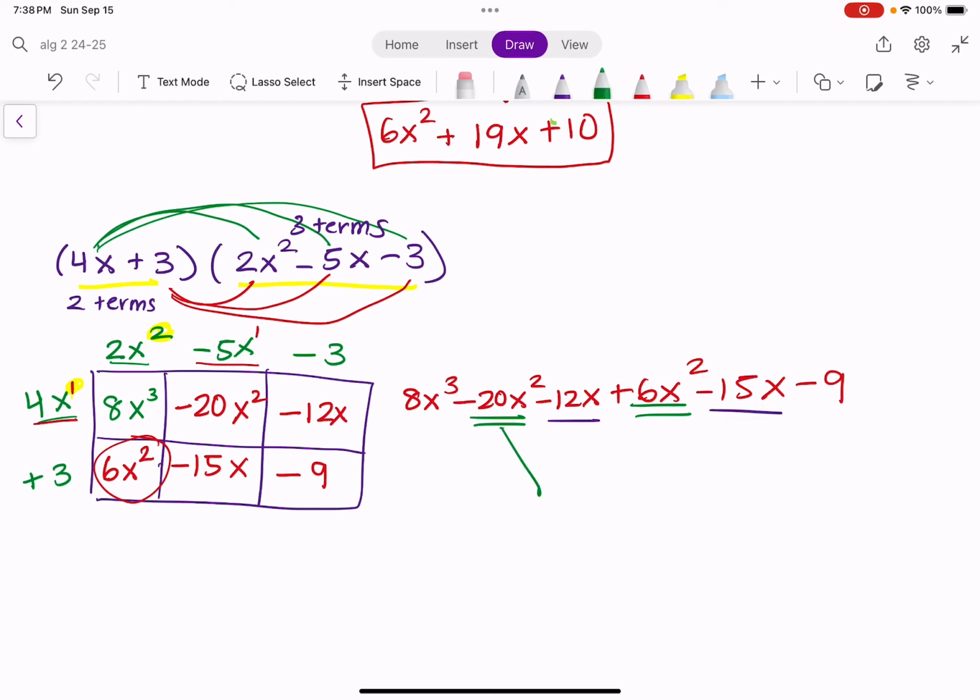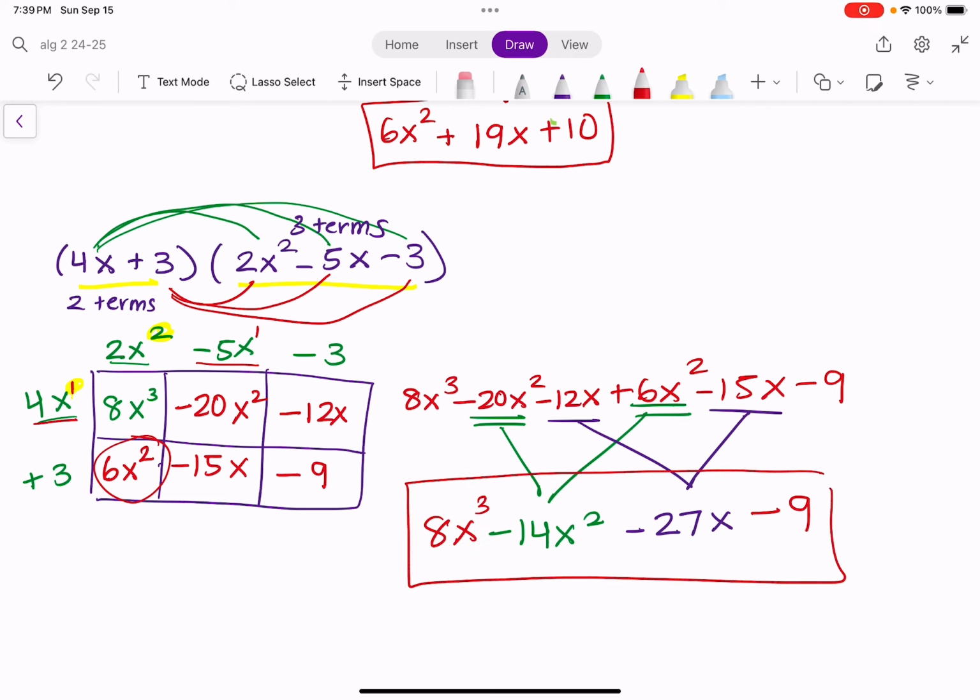So if I combine these, this is going to give me negative 14x squared. If I combine these, like you put them in your calculator, you're going to get minus 27x. And then I'm just going to bring down everything else. So this right here is going to be my final answer, okay?